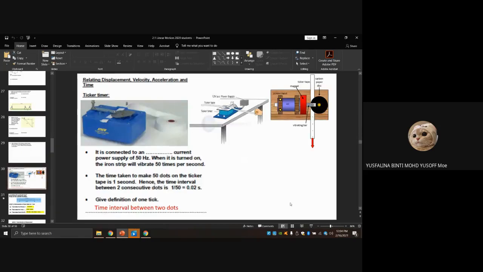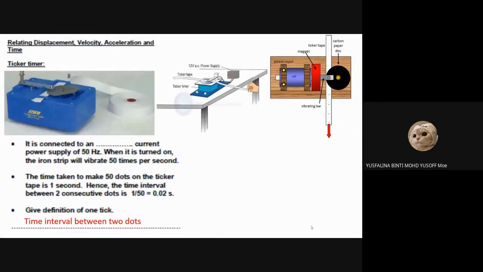We already learned what is the displacement, what is the distance, what is the velocity, what is the speed, and what is the acceleration, and we already know the formula and how you want to find the displacement, the velocity, acceleration, and time.